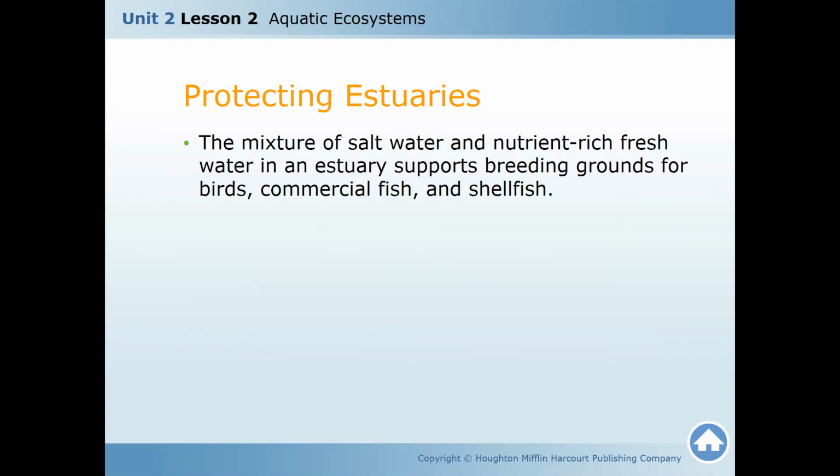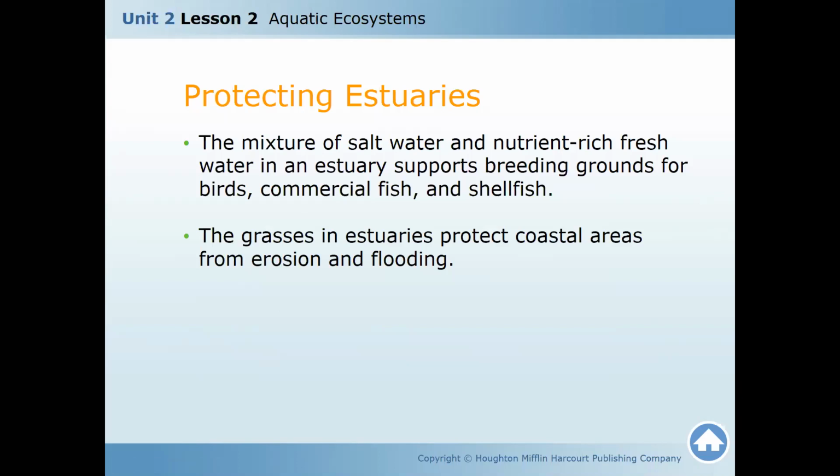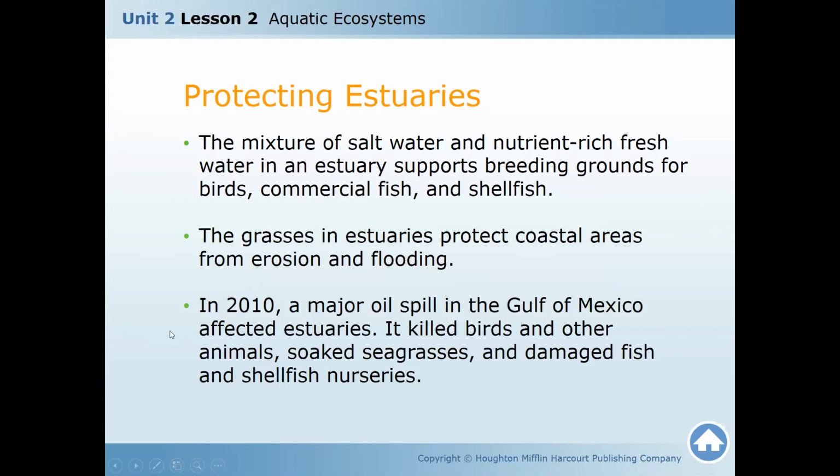Breeding grounds for birds, commercial fish. What do you mean by commercial fish? Commercial fish means the fishes you buy, girls. The fishes you buy, like tuna, parrotfish, and shellfish. The grasses in estuaries protect coastal areas from erosion or flooding.